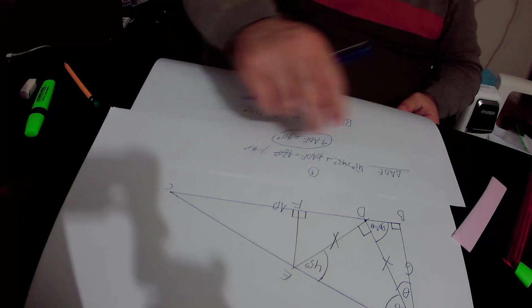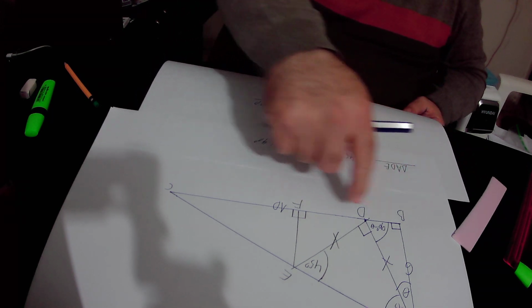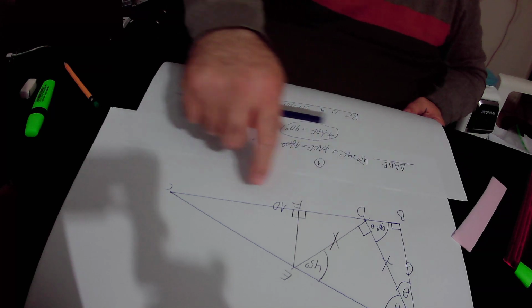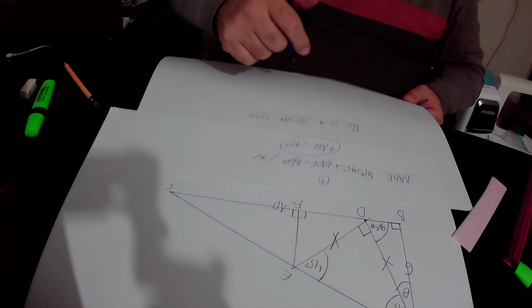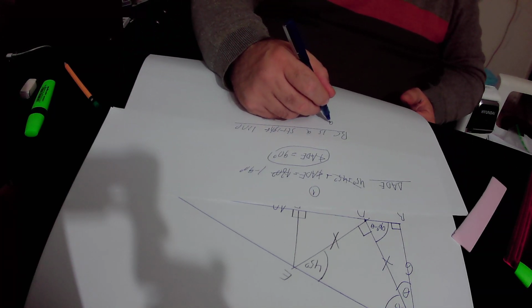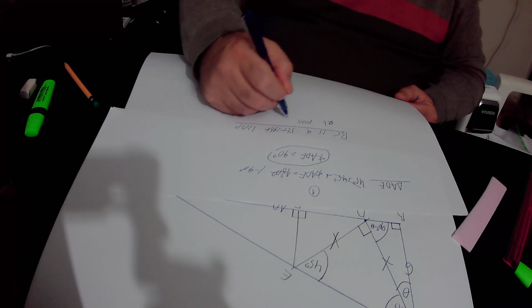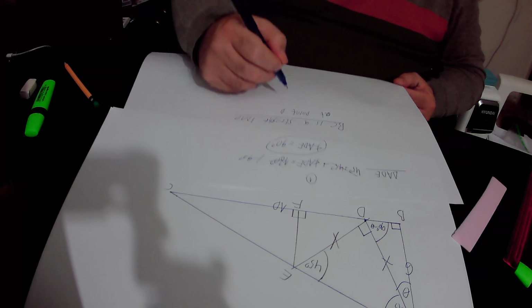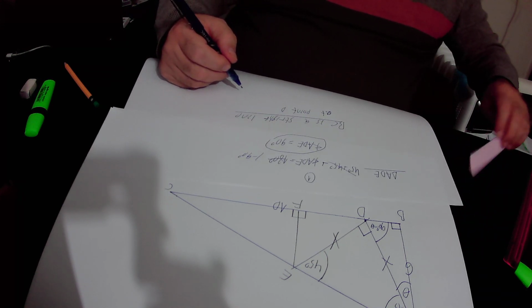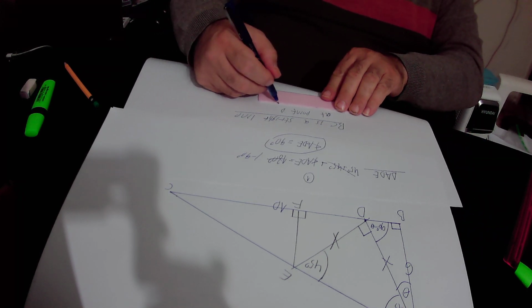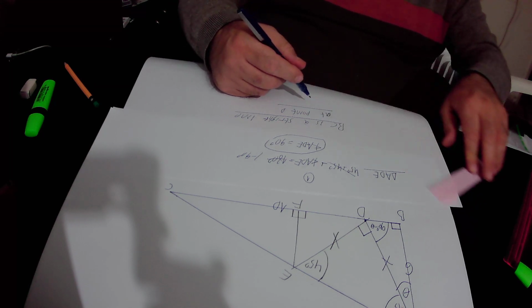So if we focus on the upper side of the straight line BC at point D, the sum of the angles must be equal to 180 degrees.